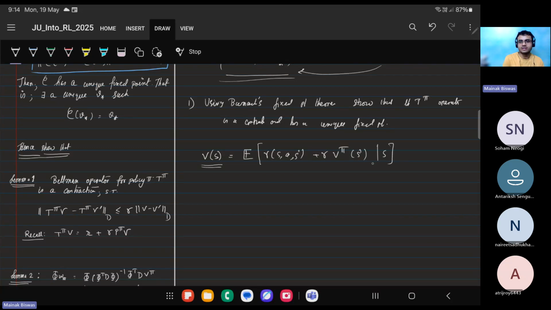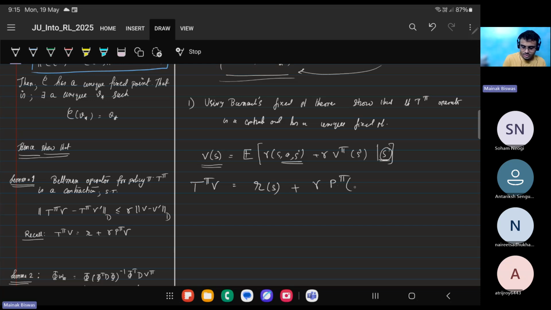This is how we defined it. Since it was an expected value, if we take the expectation out, the A and S-dash go out, only what is given will remain, plus gamma times V.